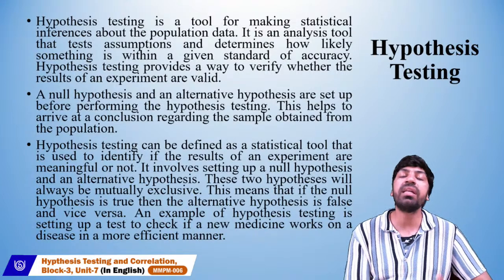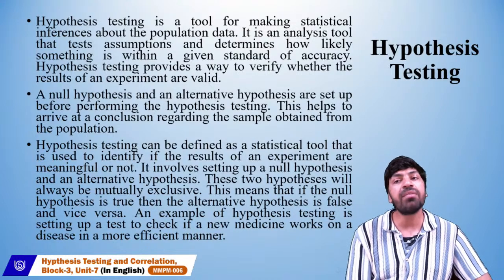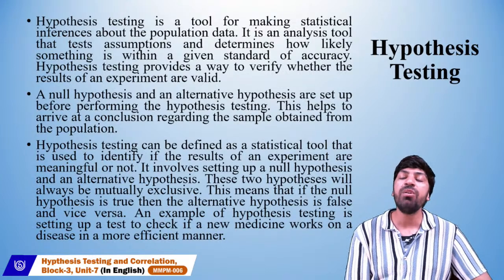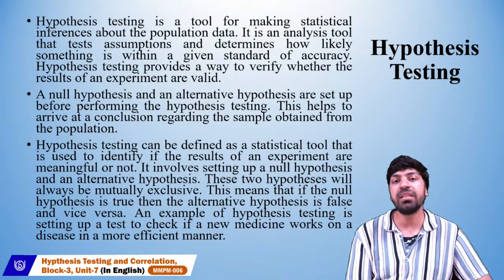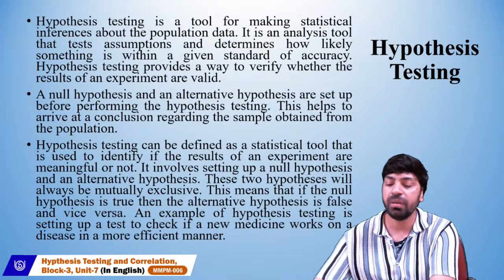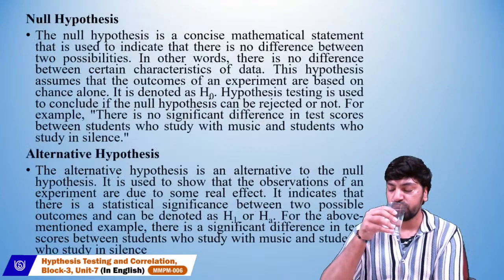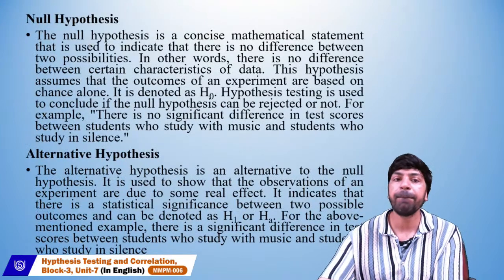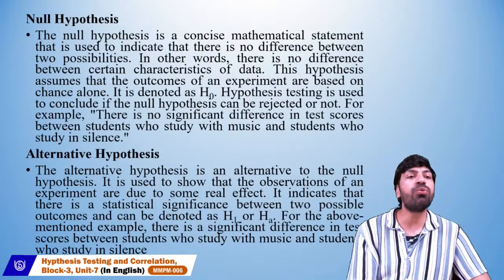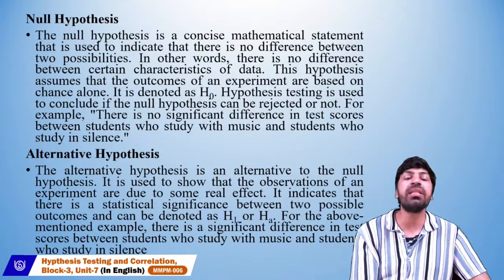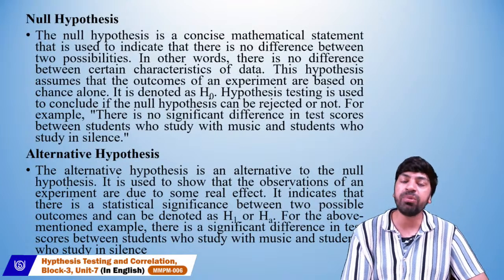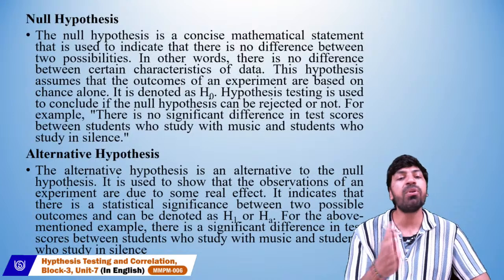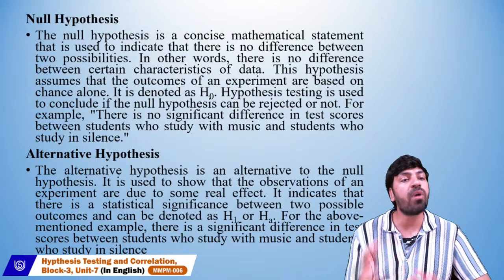This is a hypothesis statement which a researcher has to prove, and this statement we call an alternate hypothesis, which states that a new medicine works on a disease in a more effective manner. So this is an alternate hypothesis considered as an example to prove, and a researcher has to test it using statistical tools after collecting the data. So these are the two main types, null hypothesis and alternate hypothesis. Once the researchers prepare these hypotheses, the testing process of the hypothesis goes on.